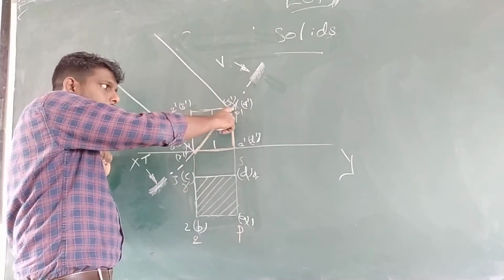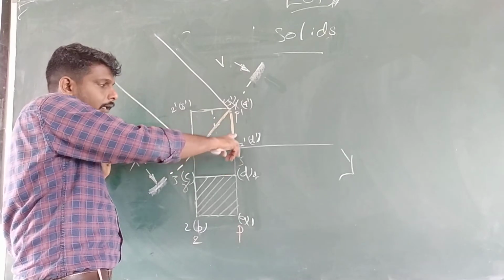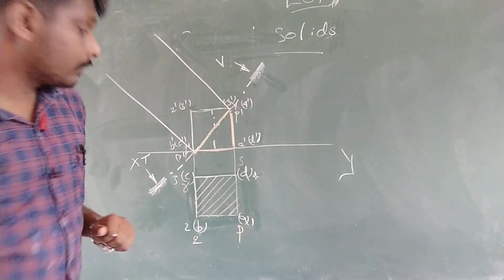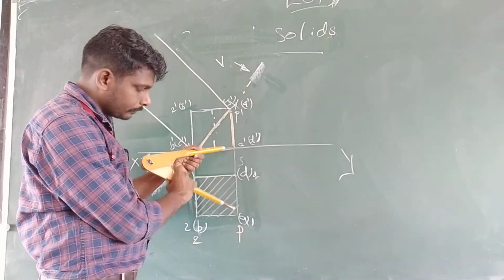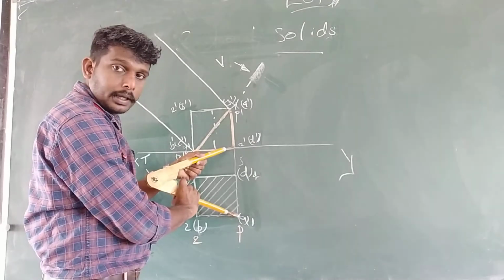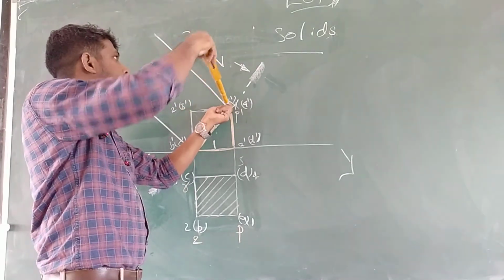To find capital letter P, we should find the distance of P from the XY line. This is the distance. Take it in a compass and mark it from P dash.